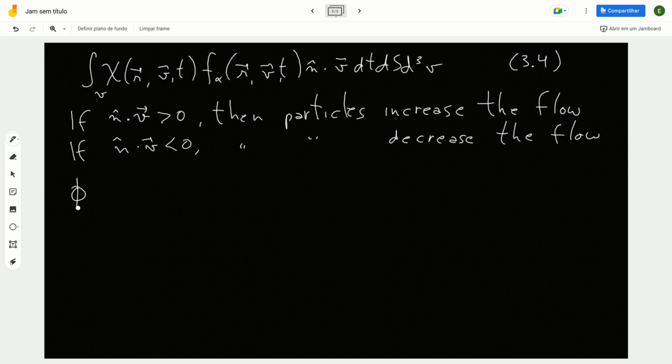The flow for us will be the flow of alpha particles in the n direction through the surface for a chi property of your particles, given by 3.4 divided by dt ds. So it's just like this.